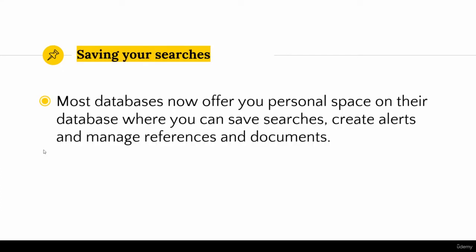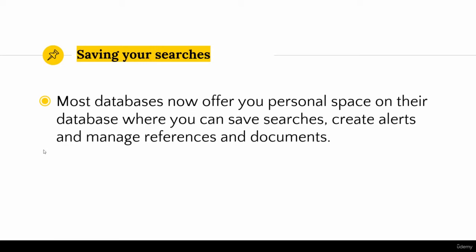Another extremely useful benefit of using a database is the ability to save your searches and also set up alerts. Now, most databases will give you the option to save your searches so that you can come back to them at a later point in time and not have to enter your searches all over again, and also set up alerts so that you can be notified when any new research is published that matches your search criteria.